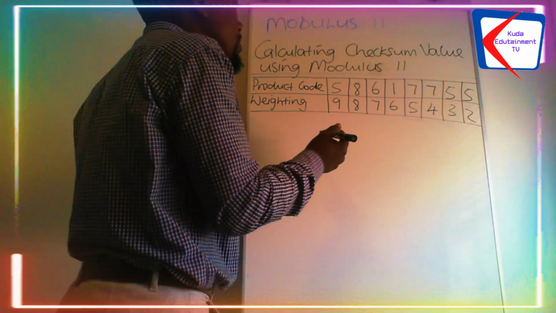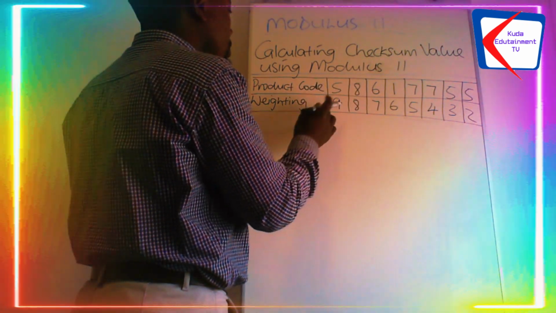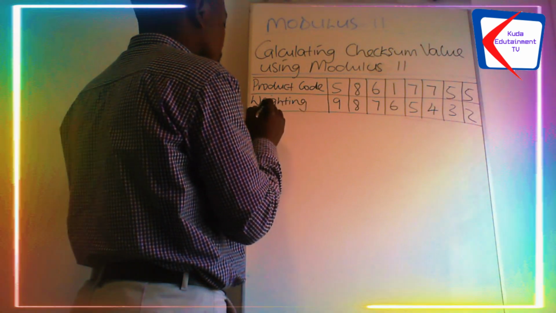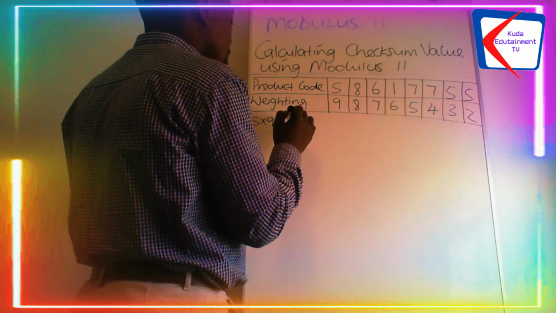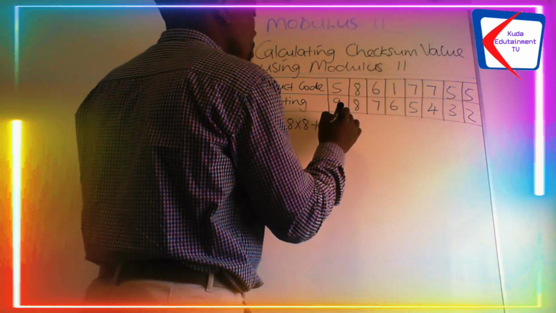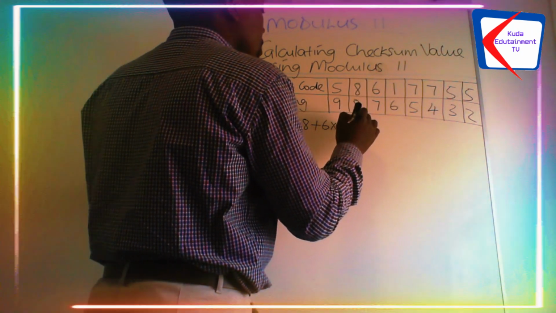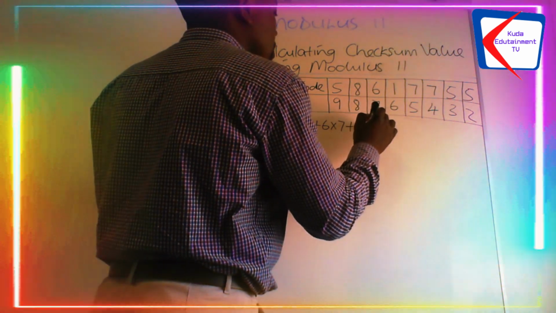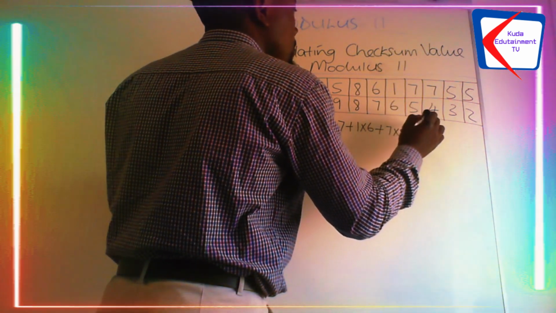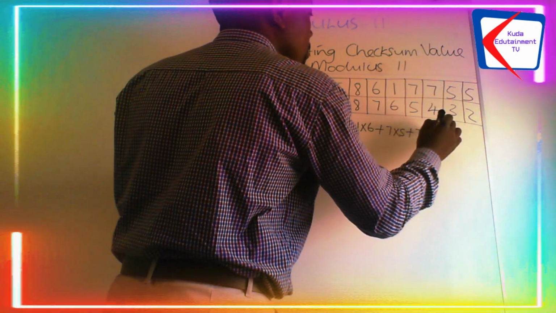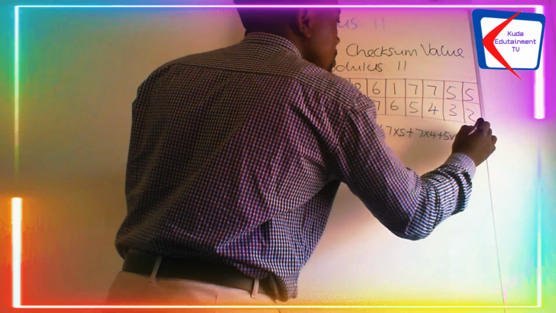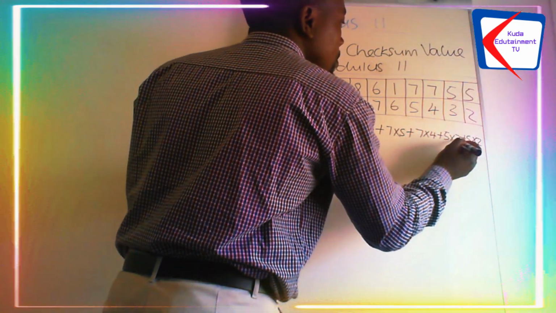So we do 5 by 9, plus 8 by 8, plus 6 by 7, plus 1 by 6, plus 7 by 5, plus 7 by 4, plus 5 by 3, plus 5 by 2.